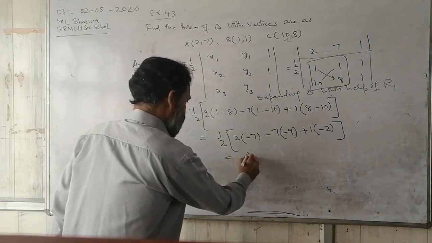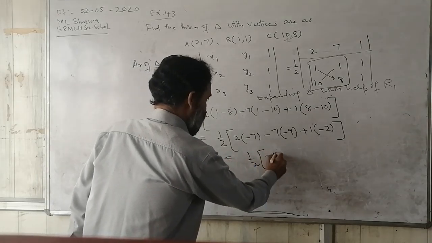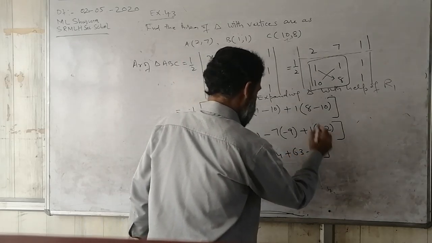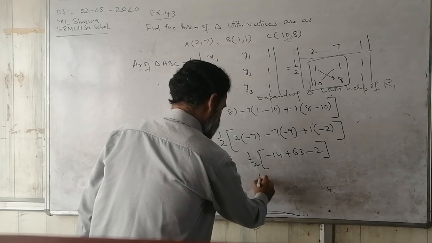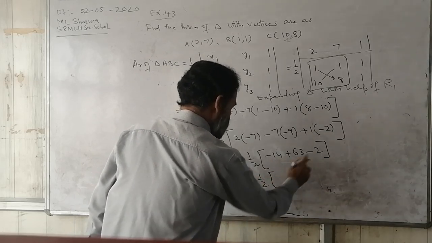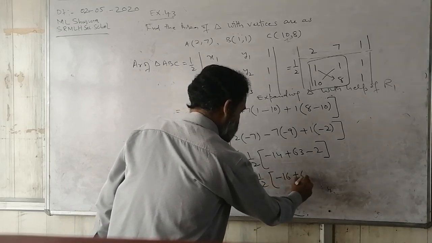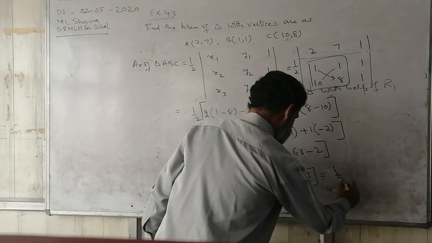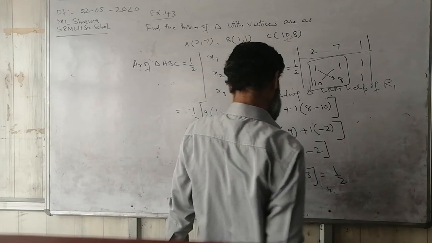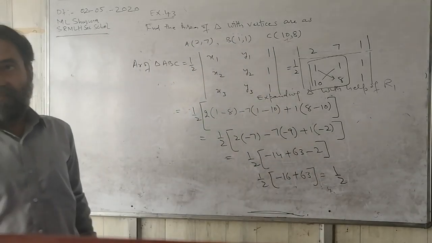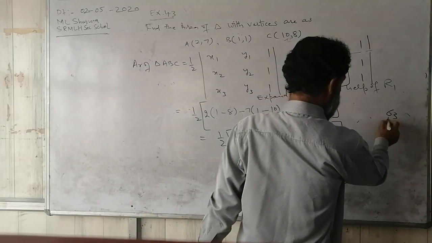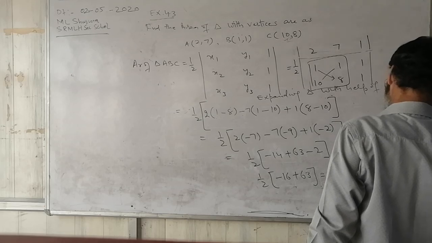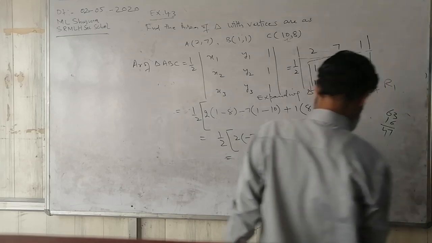So this will equal half of 14 minus 63 plus 2, which is half of 16 minus 63, so minus 47.